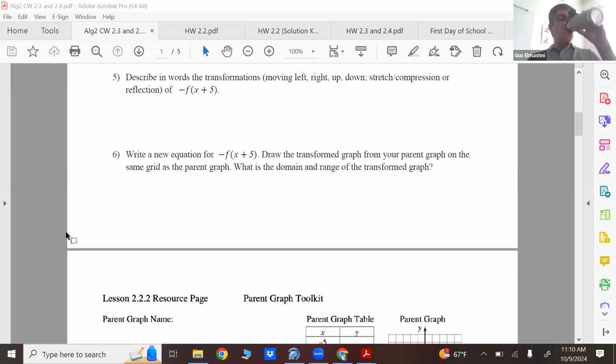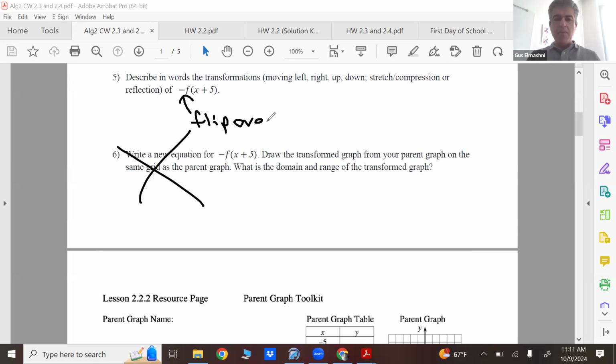So for 5, let me just describe. I'm not going to do 6 with you guys because I think you get the idea. But what this does, that's going to be a flip over the x-axis, and that's going to be 5 left.